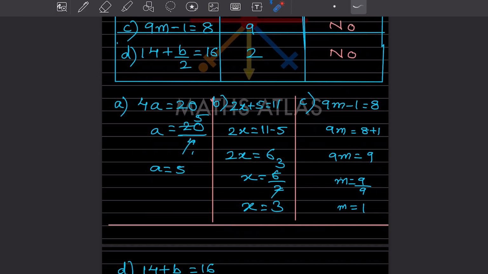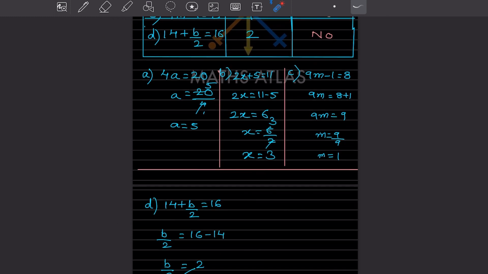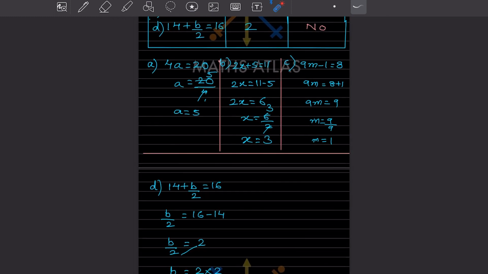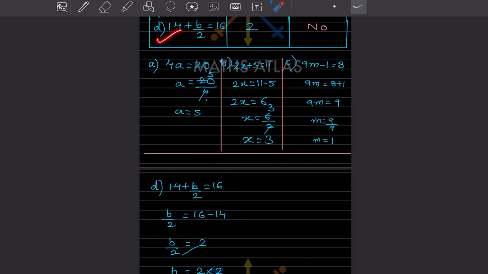Now let us go for the next equation. I'll just minimize it. Now look here. This is the next equation. So 14 plus b by 2 is 16. So now what am I going to do? First thing, this is my left hand side, and this is the right hand side. Okay. Now b by 2 I'll keep first as it is.